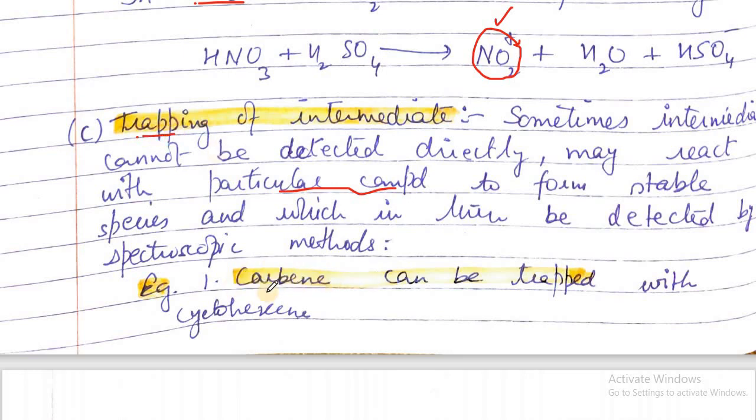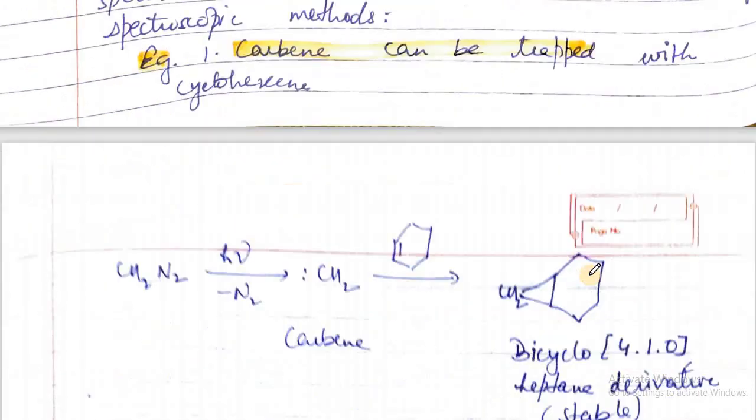Carbenes are very reactive and they can be trapped with compounds like cyclohexene. Diazomethane, CH2N2, in the presence of sunlight gives carbene. This carbene cannot be isolated or detected, but when it is present, this compound traps it.